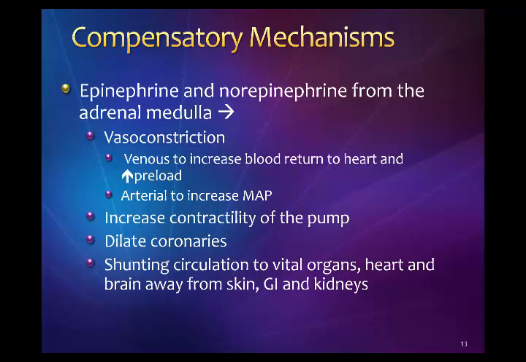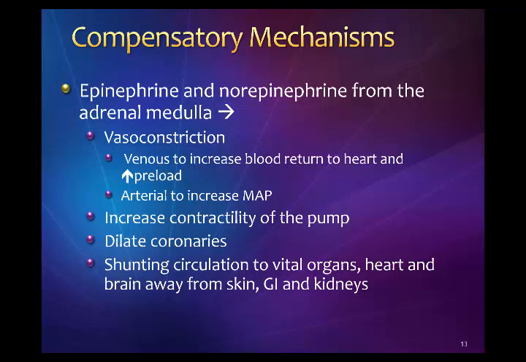So preload is the amount of blood in the ventricle at the time of ventricular contraction. So if we don't have the volume, or the volume is dispersed somewhere else, our preload's going to be low. So we'll need to go ahead and increase that through venous vasoconstriction.